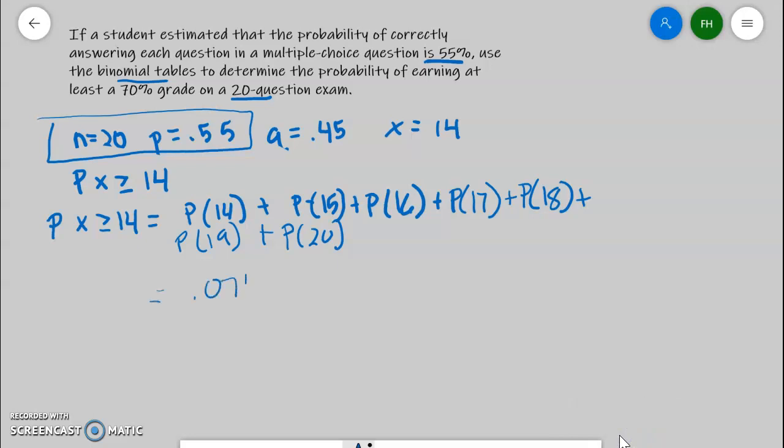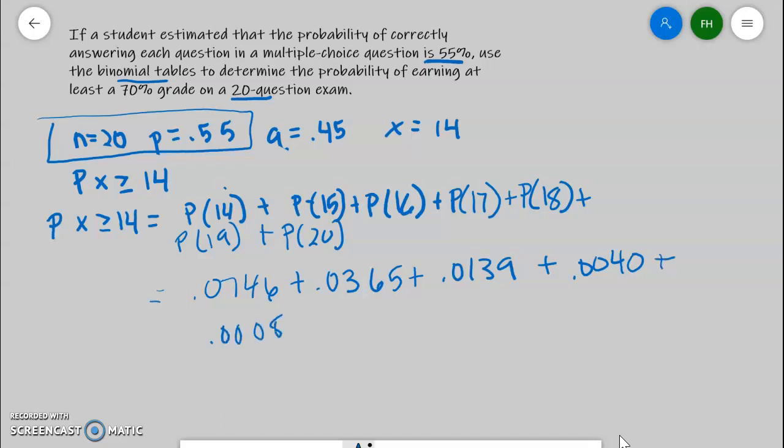Here are your numbers from the table, and this is for each of these values, 14 through 20. And 0.001.